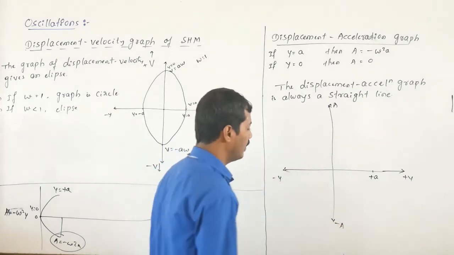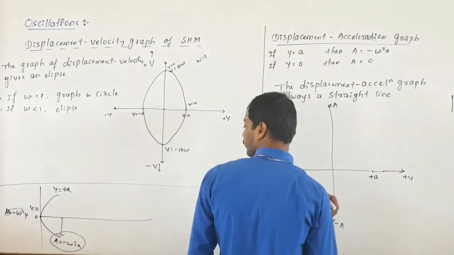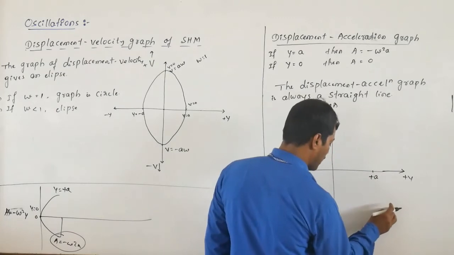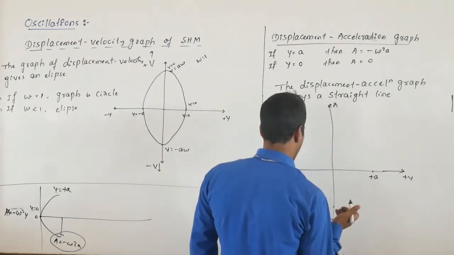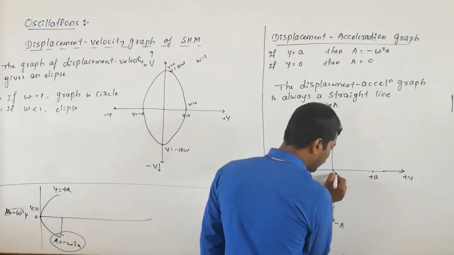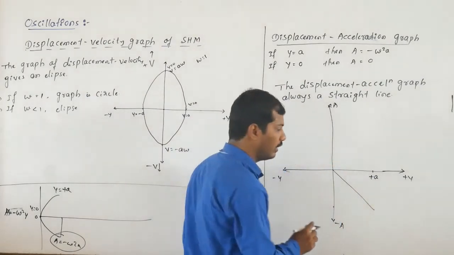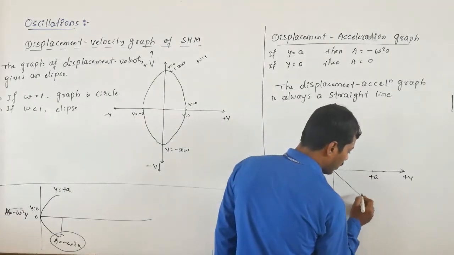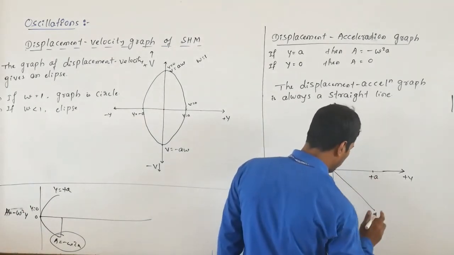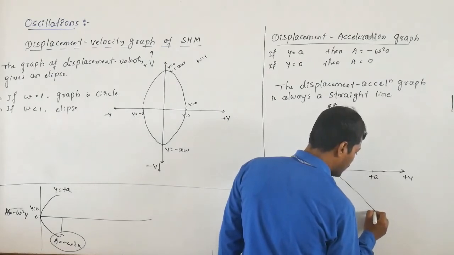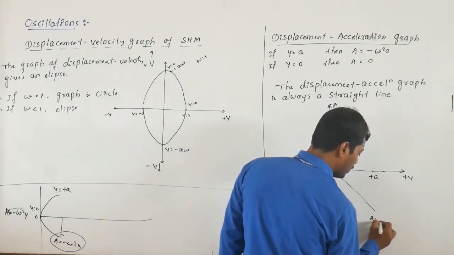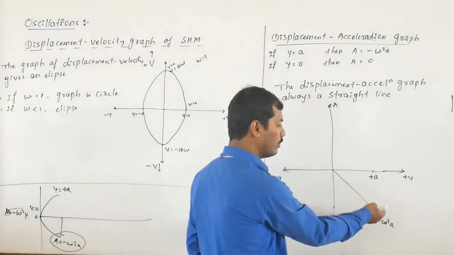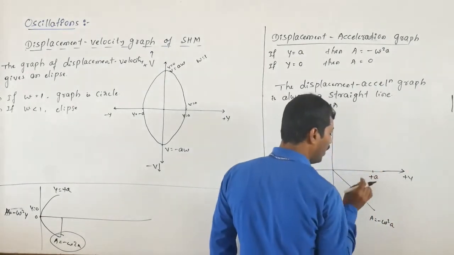At one position, y is equal to plus a and the acceleration is minus omega square into y. At these two extreme positions, the acceleration is minus omega square into a, and the displacement is only a.